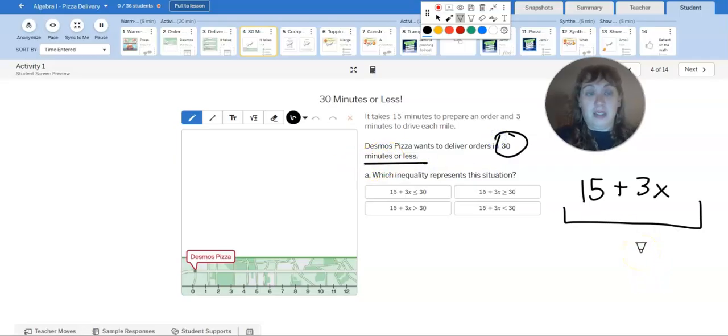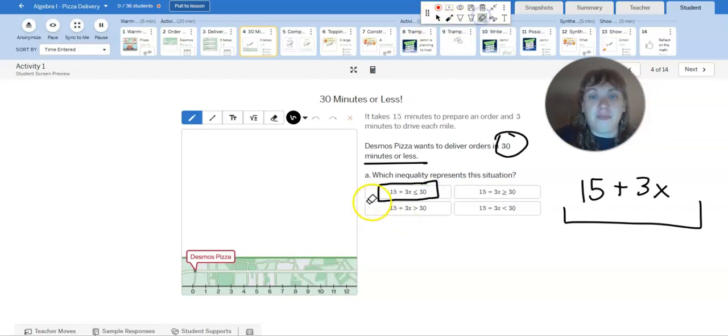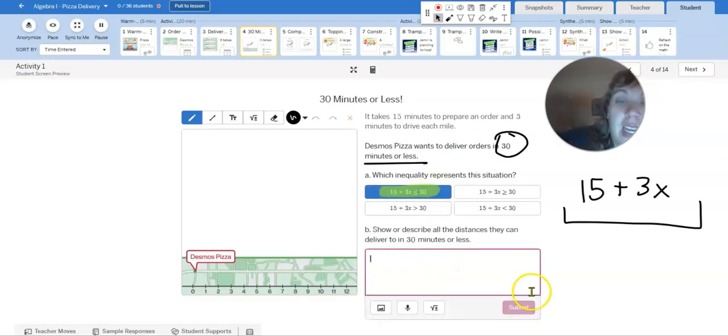So they want pizza delivered by 30 minutes, which means we want all of this to be less than or equal to 30. It can take exactly 30 minutes, or it can take anything less than 30, 29, 28, 27, all the way down to 1 minute. So we're going to choose that inequality, and it says show or describe all distances they can deliver to in 30 minutes or less.